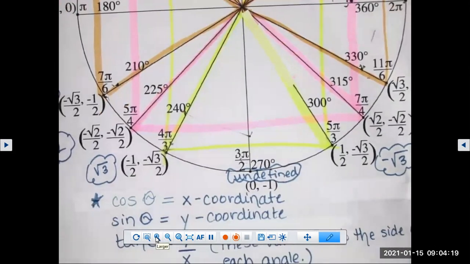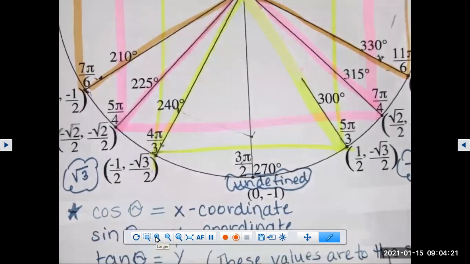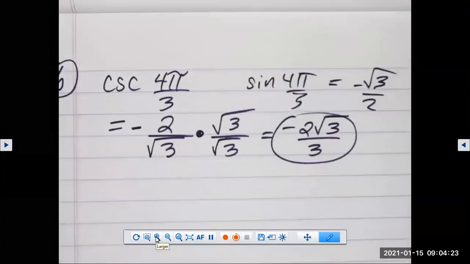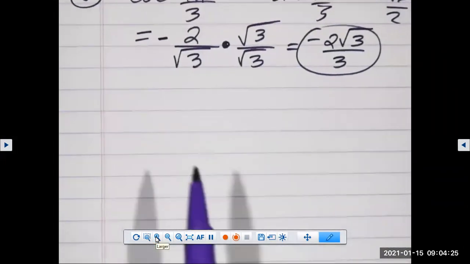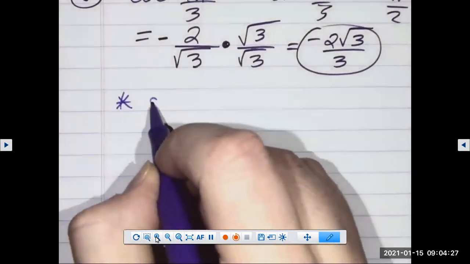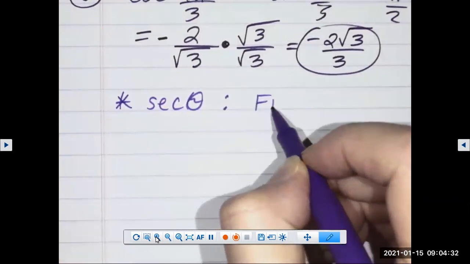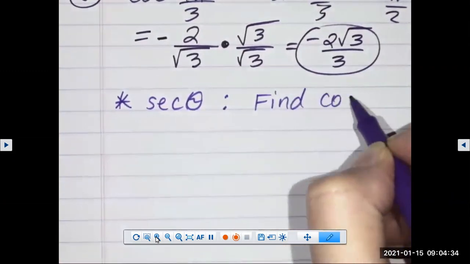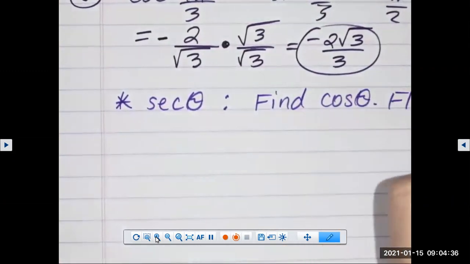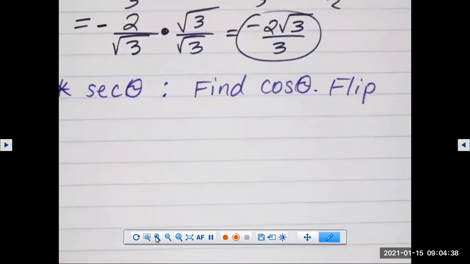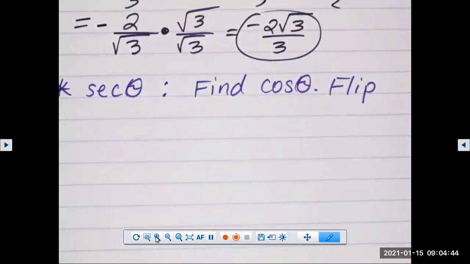If you are asked to find secant of any angle, you need to find the cosine of that angle and flip it. Cosine is associated with which coordinate?